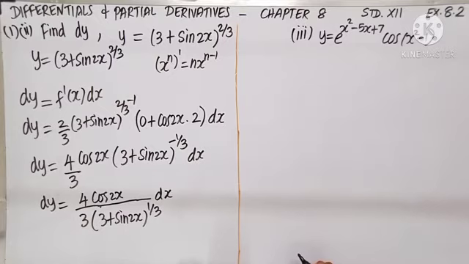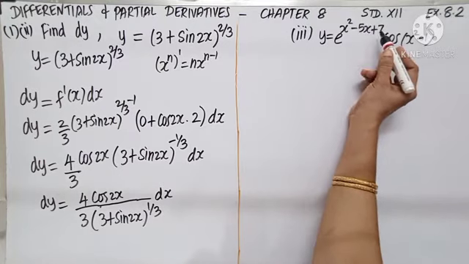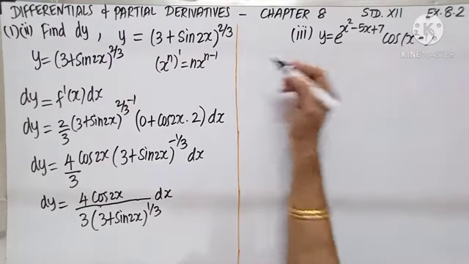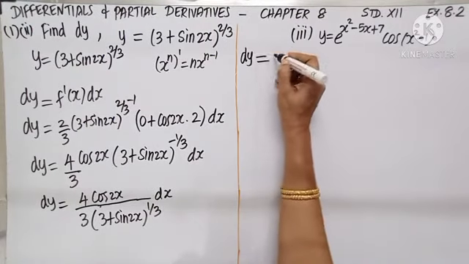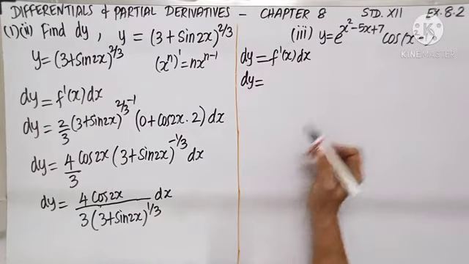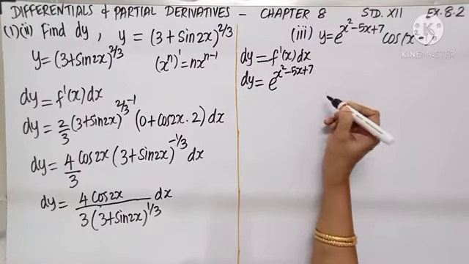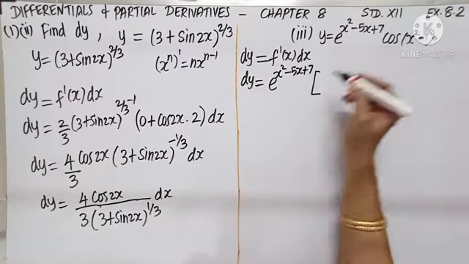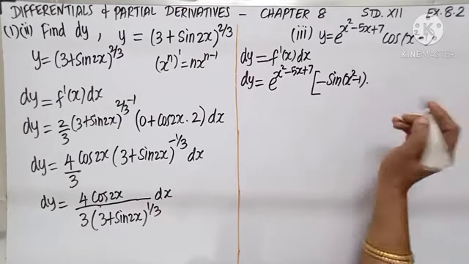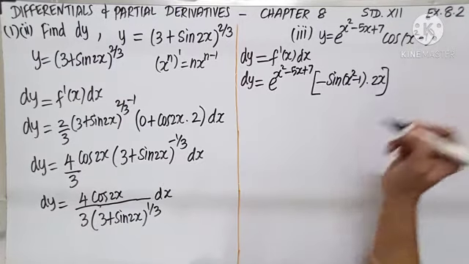Third subdivision, y equals e power x square minus 5x plus 7 into cos x square minus 1. There are two terms. How should you do it? The formula dy equals f dash of x into dx. Dy equals, keep the first term, e power x square minus 5x plus 7 into cos will become minus sine x square minus 1 into hide cos. x square will become 2x, 1 will become 0.